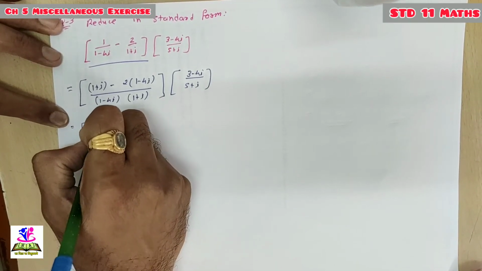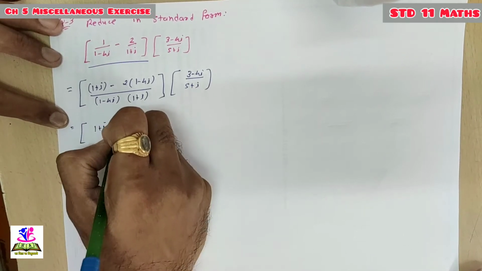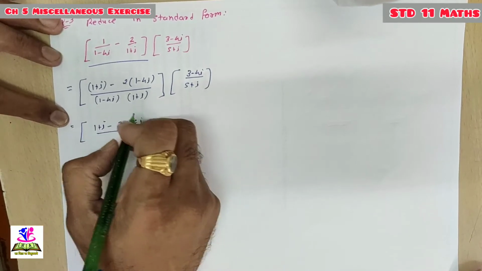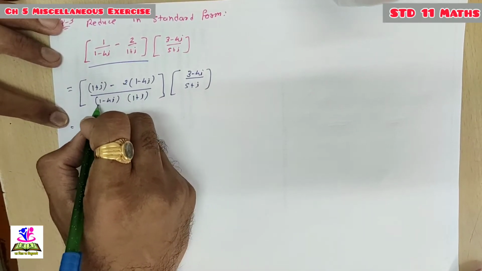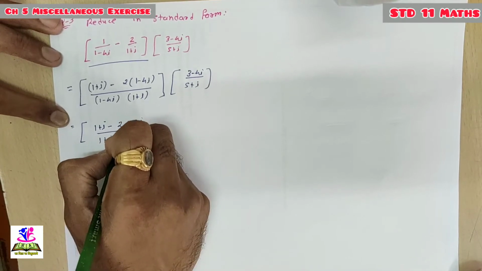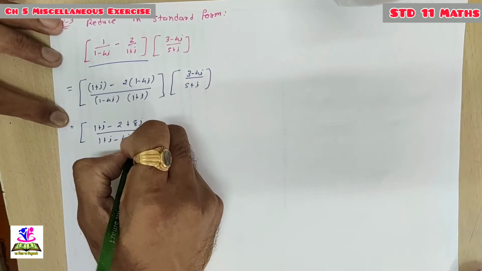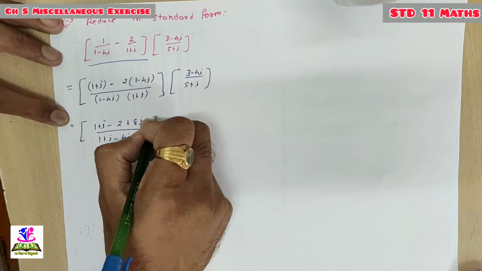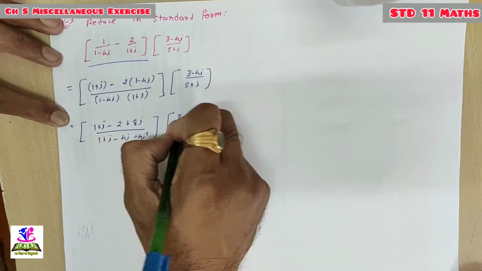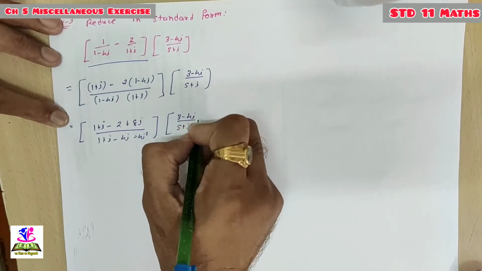It's 1 plus i, minus 2 plus 8i. Again, multiplication of these two terms: 1 into 1 is 1, plus i minus 4i minus 4i square, into (3 minus 4i) upon (5 plus i).